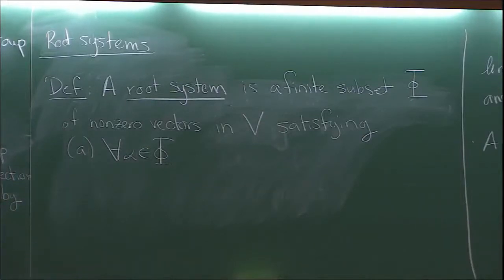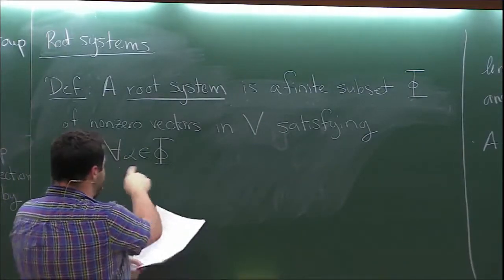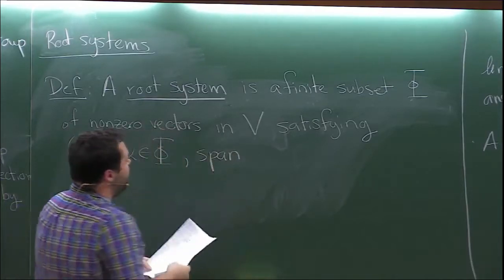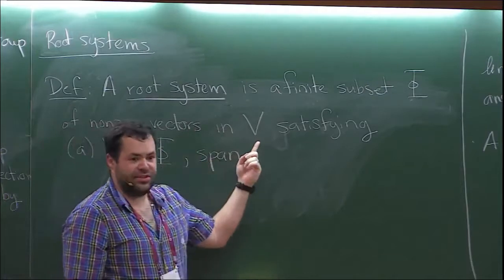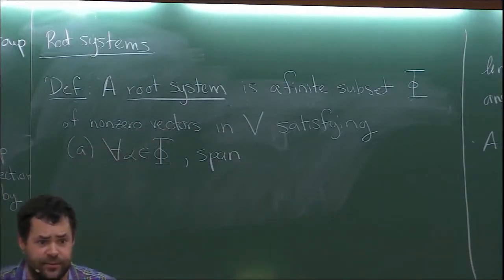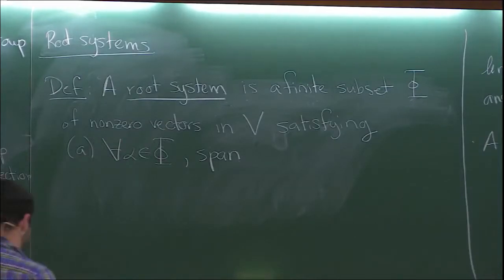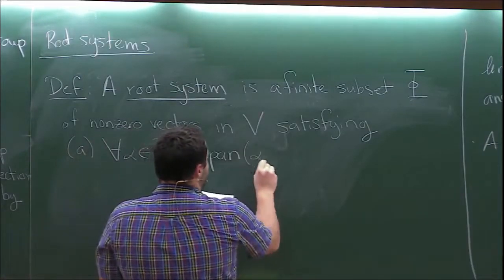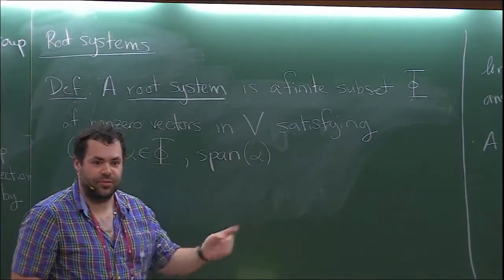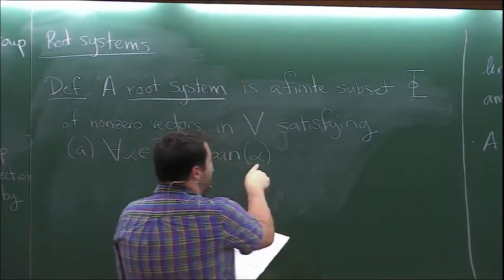The first property is that for every element in this set, a subset is some collection of vectors, so I can take the span of those vectors. The span of a single vector is all non-zero scalar multiples of it, so it's the line through this thing.